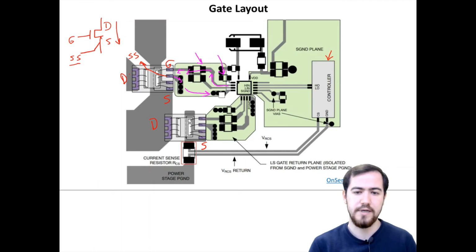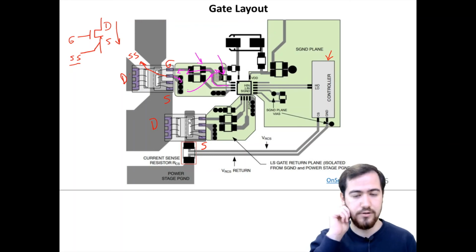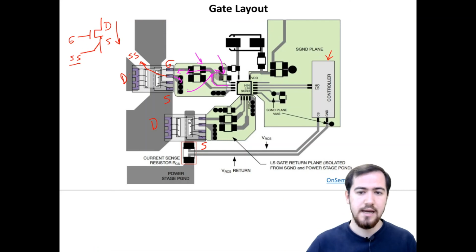The correct path should be like that. The current coming through the SS pin or the source pin should have gone to the capacitor, because that is the main supply of our gate driver current, and this current comes through these capacitors, goes inside the gate driver IC, and is supplied through that pin for the turning on moment.